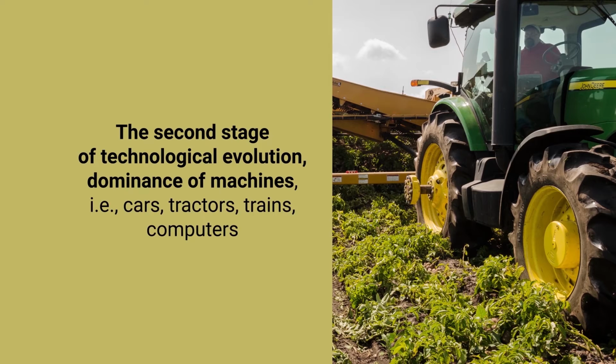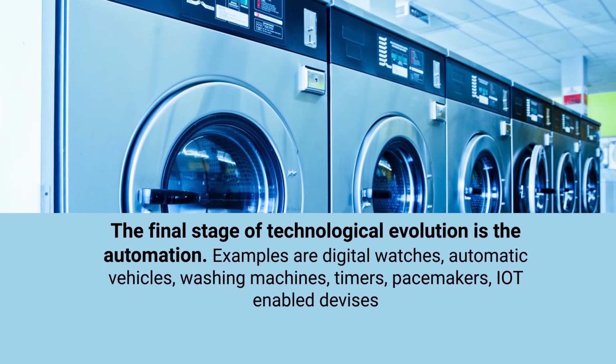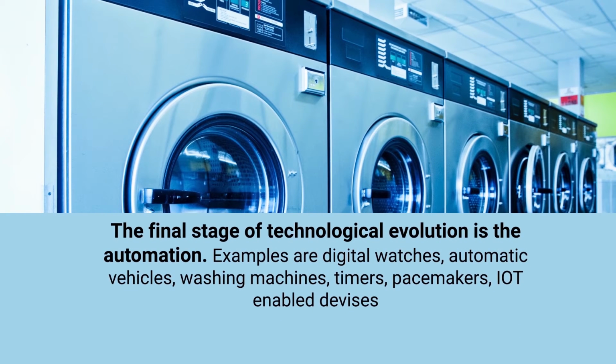For example, our cars, cycles, tractors, trains, computers, they come all under the second stage of technological evolution. And the final stage in which we are today is the automation stage of technology. For example, we have everything automatic.